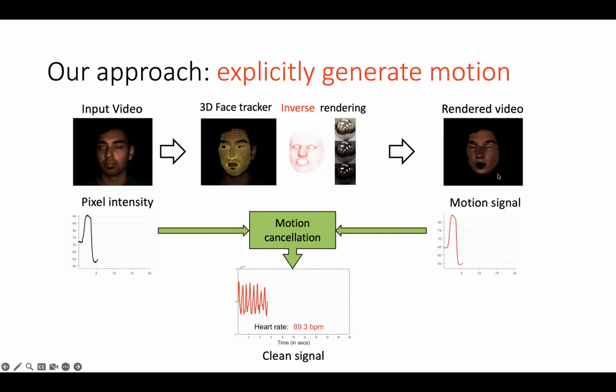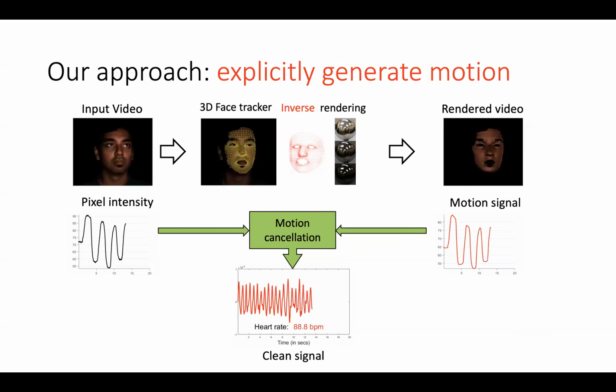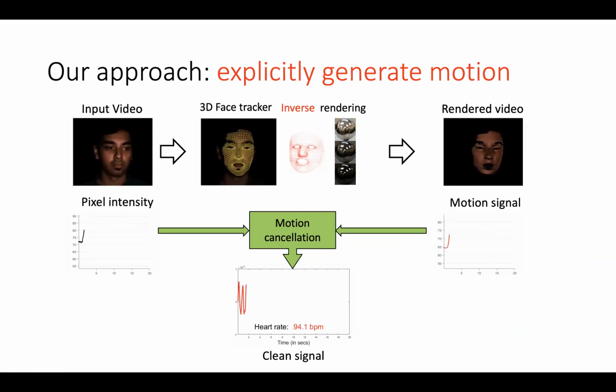We then use these generated signals from the rendered video in a motion cancellation step to filter the distorted pixel intensities, thereby resulting in a very clean signal and an accurate estimate of the heart rate. Next, we will discuss the signal model that we use to generate the motion artifacts from the input video.